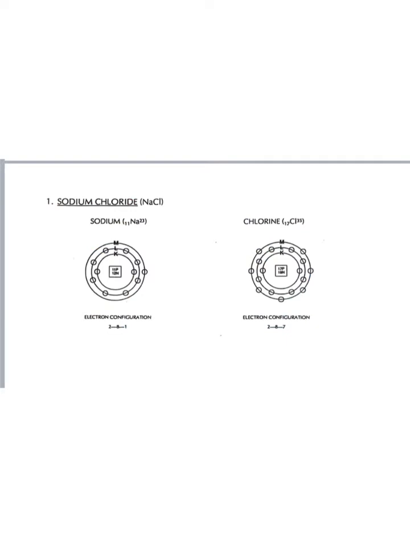We can see here that sodium, if we look at our periodic table, we know it's a metal, so we should know that by looking at our periodic table. But when we look at this Bohr model, we can see that this electron here is extra. There is one valence electron here. And so what is going to happen is that this sodium atom is going to release this electron or lose this electron.